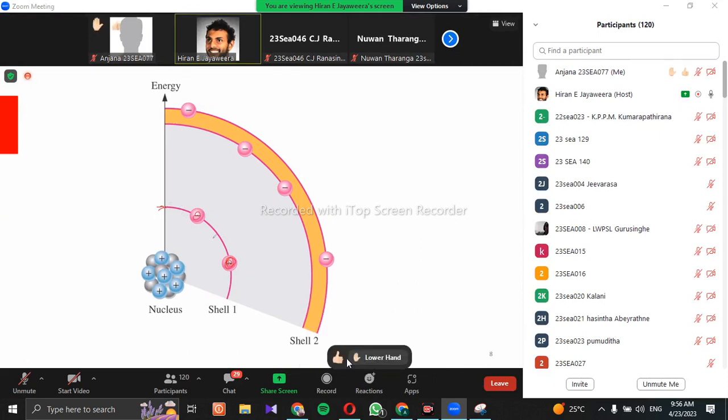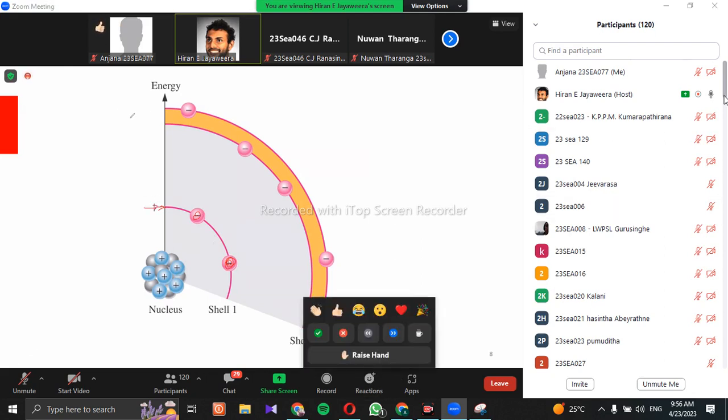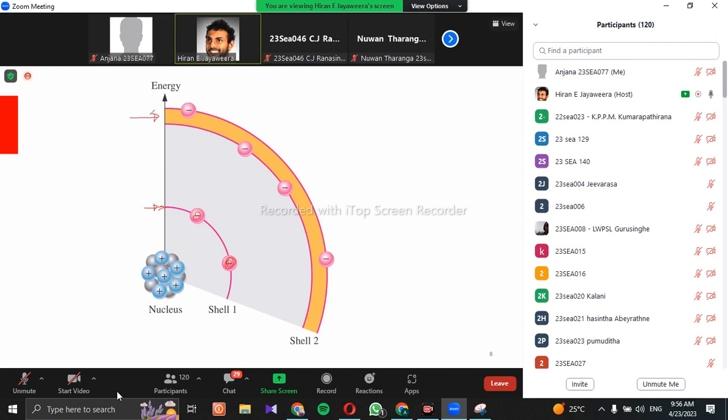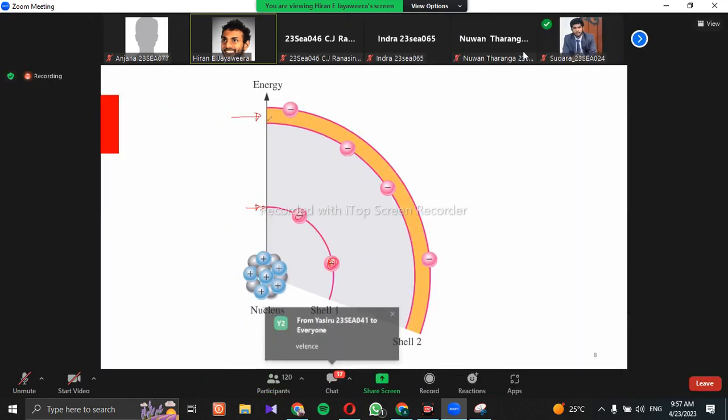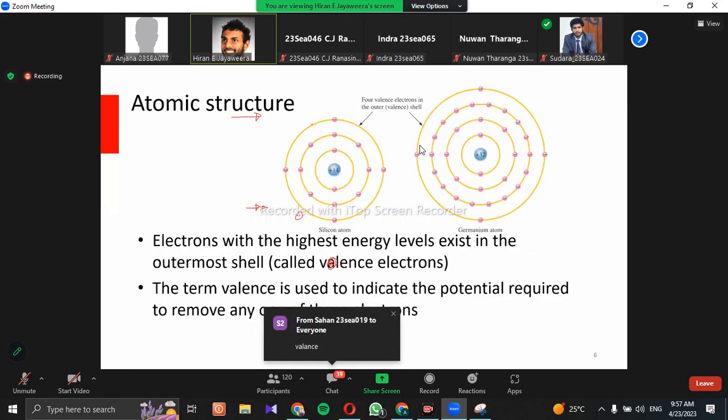Now, it looks like you have one inner shell, and what is the outermost one? How do we call it? It's the valence shell, right? The outermost shell. If you look at it, the representation is kind of different. Let me go back to the previous diagram. Here, the outermost shell is a single line. These are representations of isolated atoms.